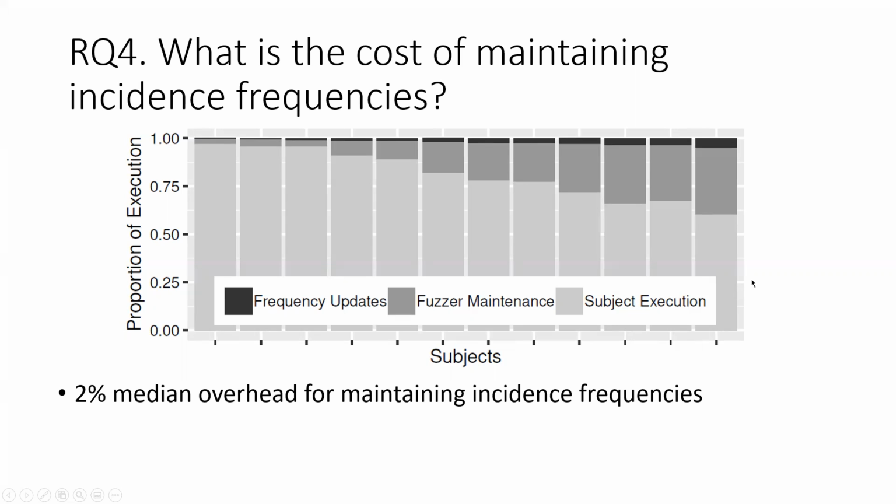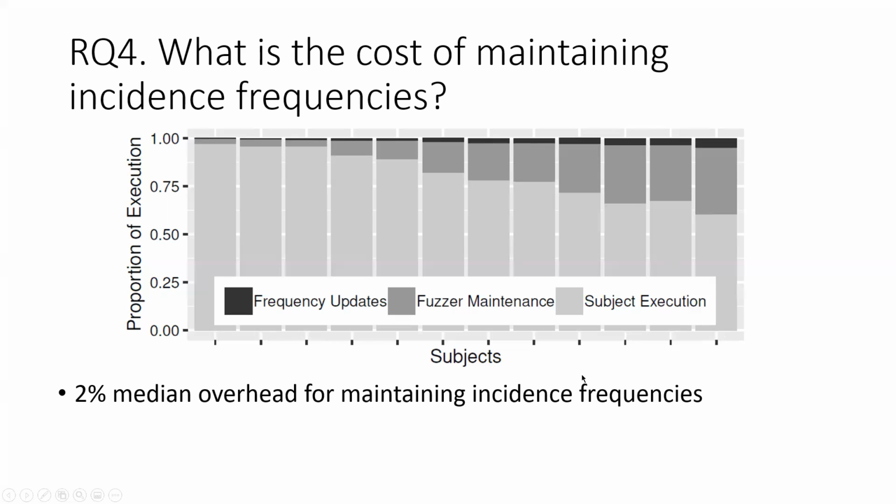Okay. But it seems that for some subjects, like the last one, the overhead almost takes half, right? Yeah, but the dark gray one is the usual fuzzer maintenance algorithm. So the black box is the one that is added by Entropic.